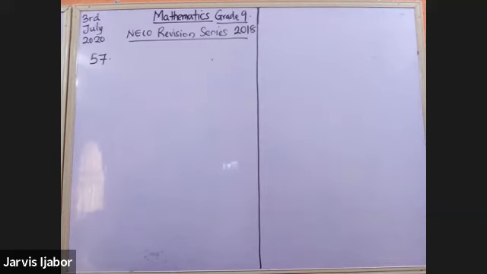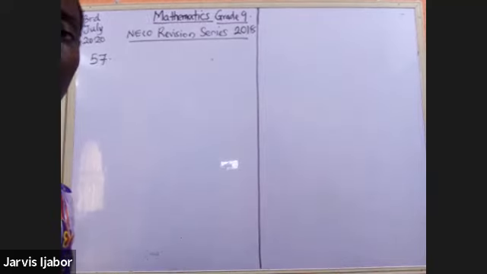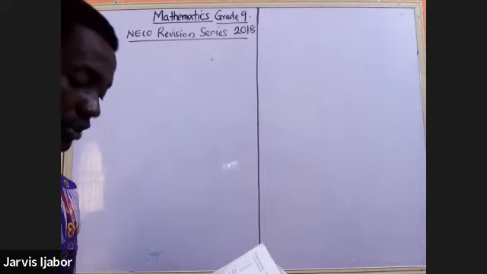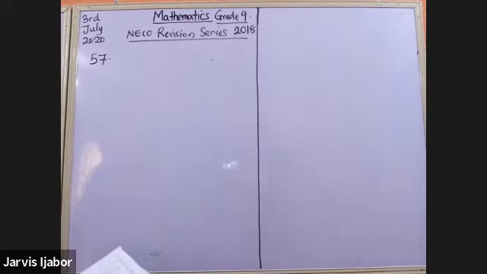Calculate. Question says calculate the diameter of a circle whose circumference is what? 132.